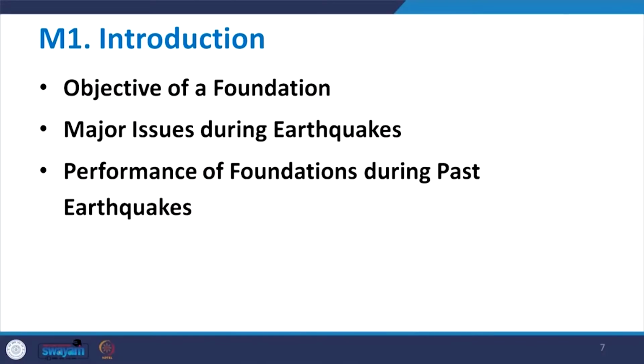So, let us discuss what is in these different modules. Introduction is going to cover the objective of a foundation, what the major issues during earthquakes are, and how the performance of foundations was during past earthquakes. This will be covered today.